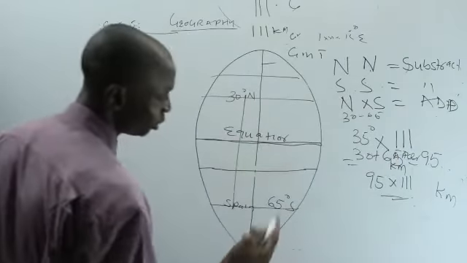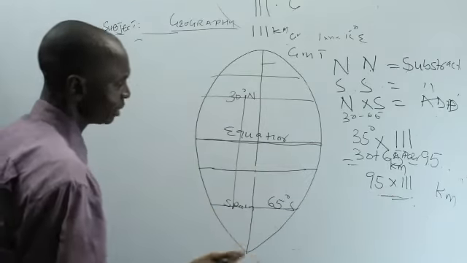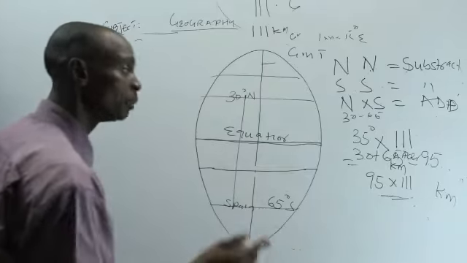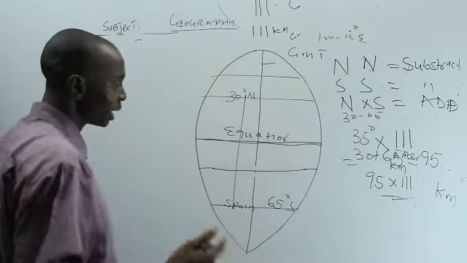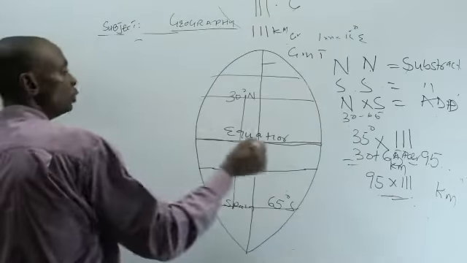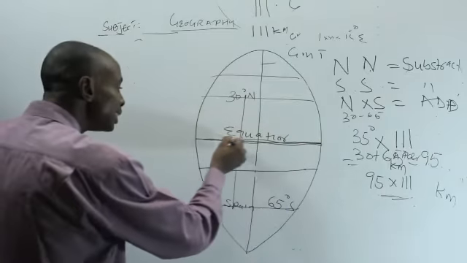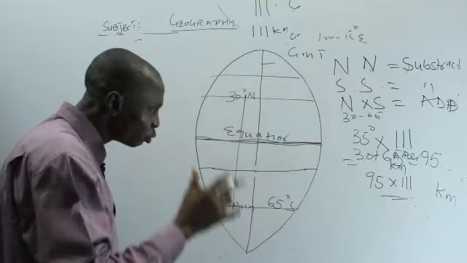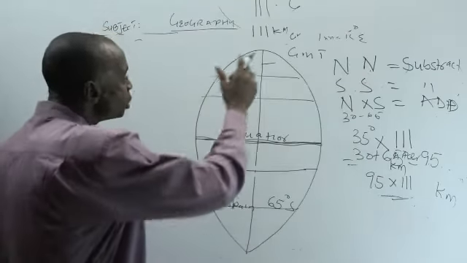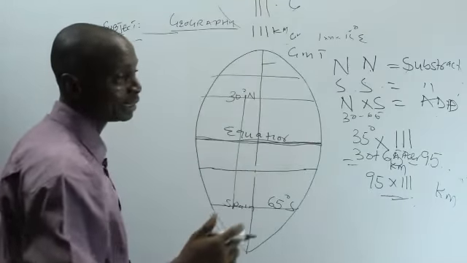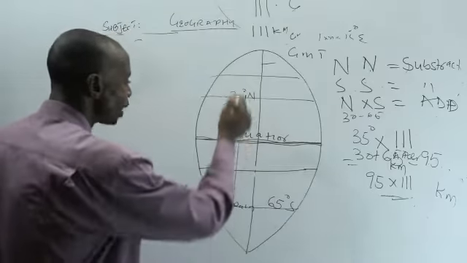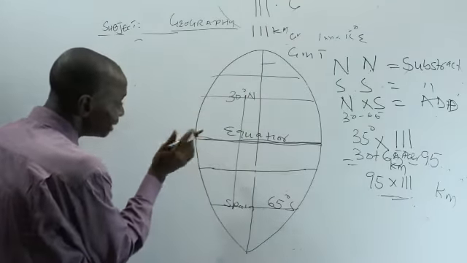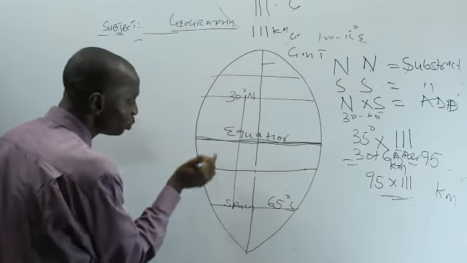I've explained it again, because this is some little mathematics that most of the time puts some of us into confusion. Maybe when you get home, you want to practice it on your own. Remember, we said that this is the equator. We are using latitude. Latitude is used to calculate distance, while longitude is used to calculate time. So if you are using that, you must know the standard distance between one latitude and the other.